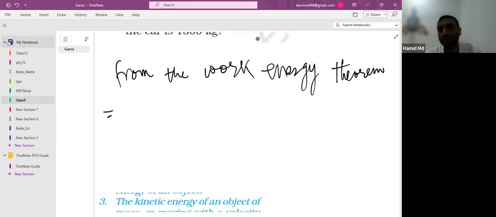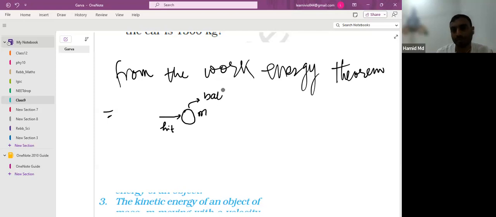So what is the work energy theorem? It says that you have a ball of mass m. When you go to the ground and hit it, it gains a velocity.